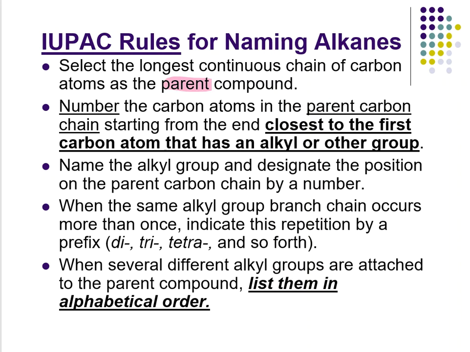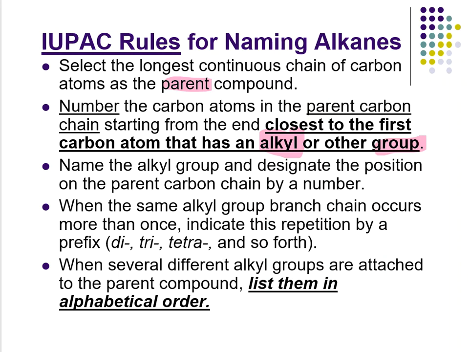Number two, number the carbon atoms in the parent chain that you just circled. 1, 2, 3, 4, 5, 6, 7, 8, 9, 10. There you go. If you have a group, and that group is an alkyl group, and you know what that is now, it could be another carbon or a group of carbons, or another type of group like an OH or an NH2 or something like that, then that is the side that you begin numbering on first.